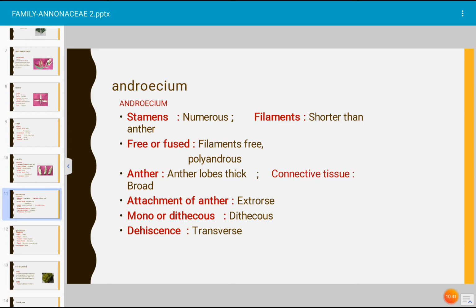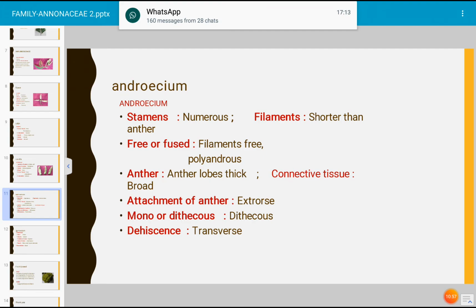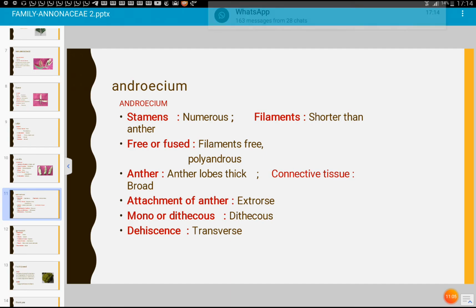Androecium consists of stamens. How many stamens are present in Annona squamosa? Many stamens are present in Annona squamosa, that is custard apple. And what is stamen? Stamen consists of filament, which is an elongated structure, and at the top of filament the anther lobe is there.